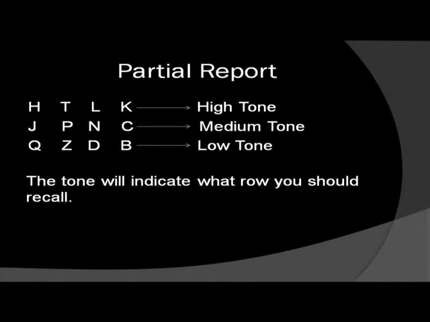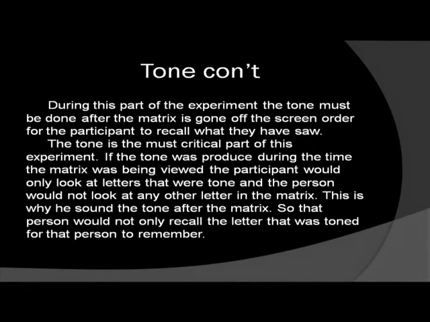How Sperling achieved this is he presented participants with either a high-pitched, medium-pitched, or low-pitched tone to indicate to the participants which line they would have to report. Thus, if they got the high-pitched tone, they would only have to report the top line of the array, the medium-pitched tone for the medium array, and the low-pitched tone for the bottom line of the array.